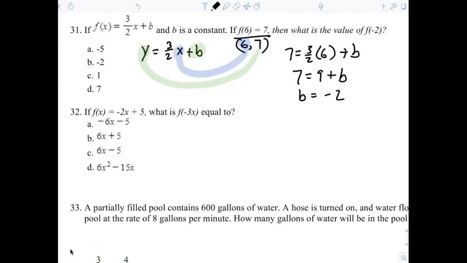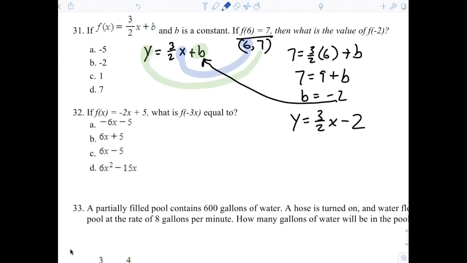Everybody with me? So now my equation is y equals 3/2 x minus 2. How do I know it's -2? Because we just figured out what B is. Right? So now, last step, I have to plug -2 in for x. All right? So here we go.